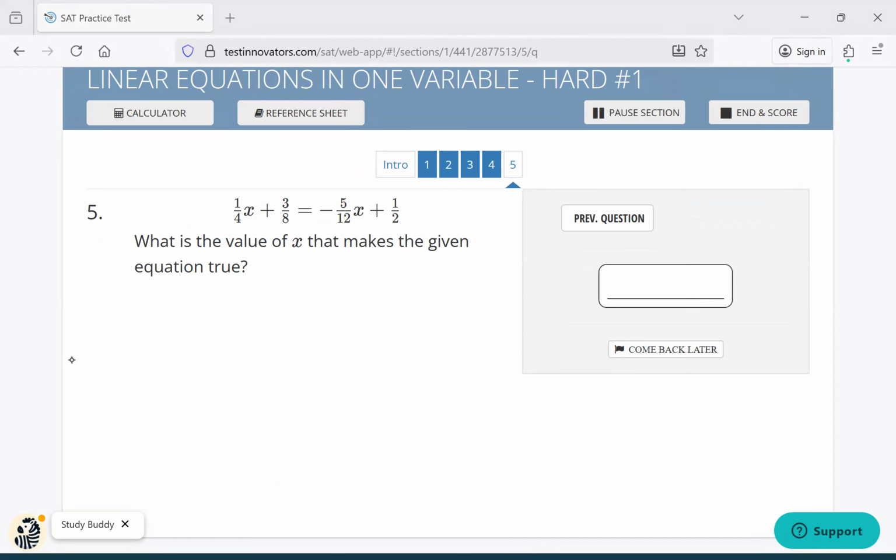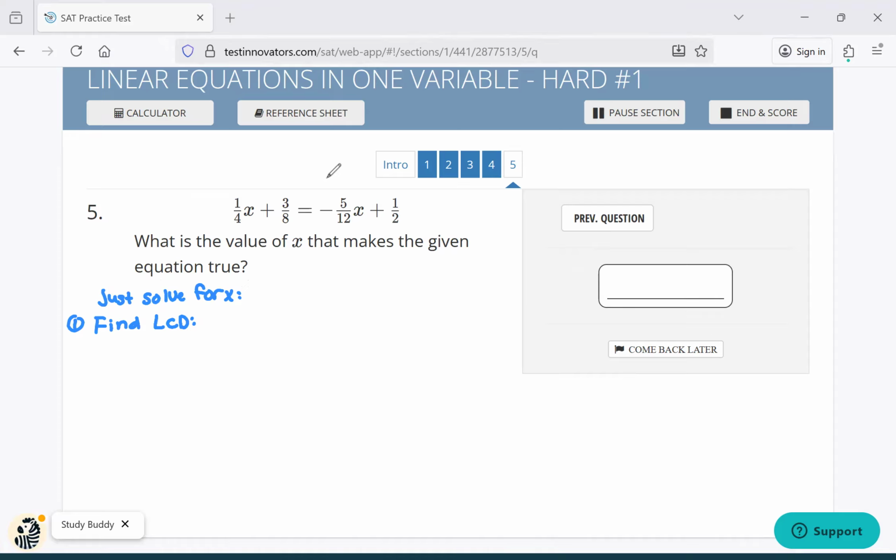So first step is I'm going to find the LCD, lowest common denominator, because I want to get rid of this fraction.